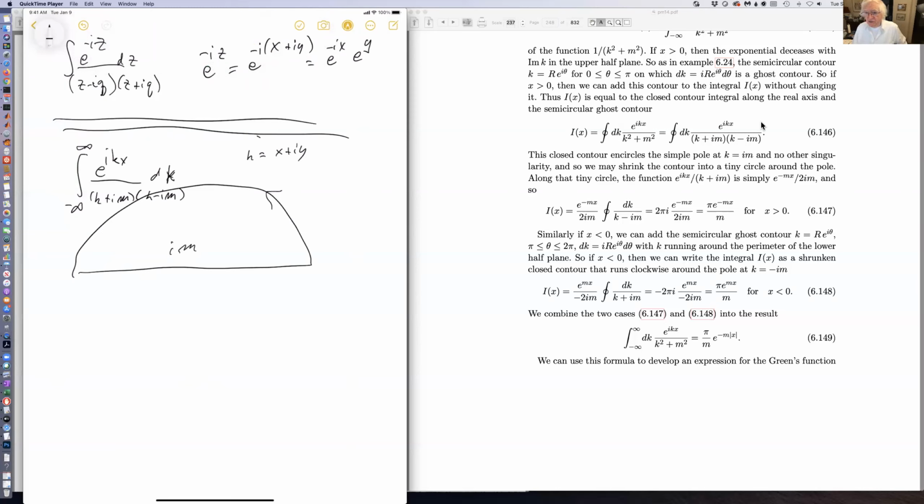We use Cauchy's integral formula. Where's this x coming from?